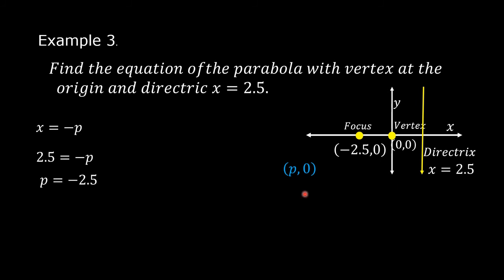This is in the form of p, 0. p is equal to negative 2.5 and p is less than 0.